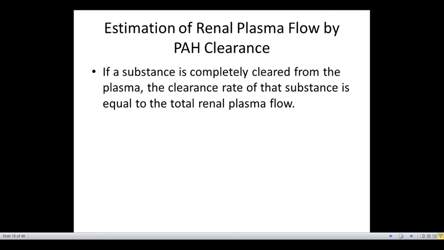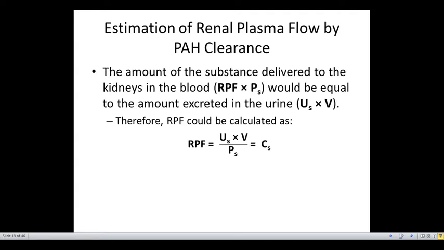The amount of the substance delivered to the kidneys in the blood, that is renal plasma flow into Ps, would be equal to the amount excreted in the urine, Us into V. Therefore, renal plasma flow could be calculated as equal to Us into V divided by Ps, equal to the clearance of that substance.